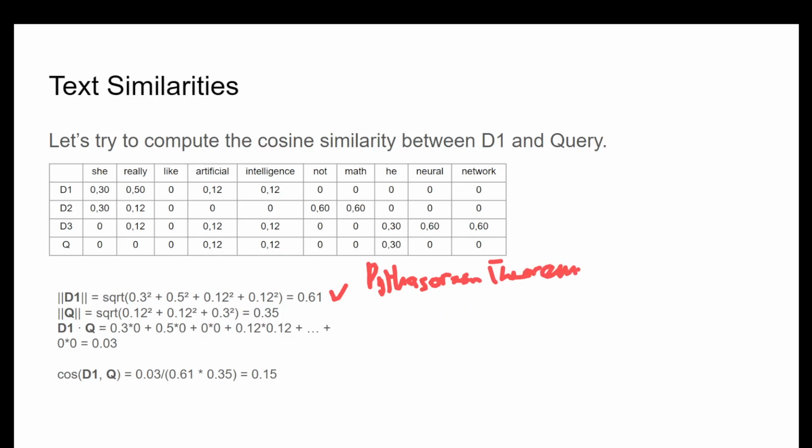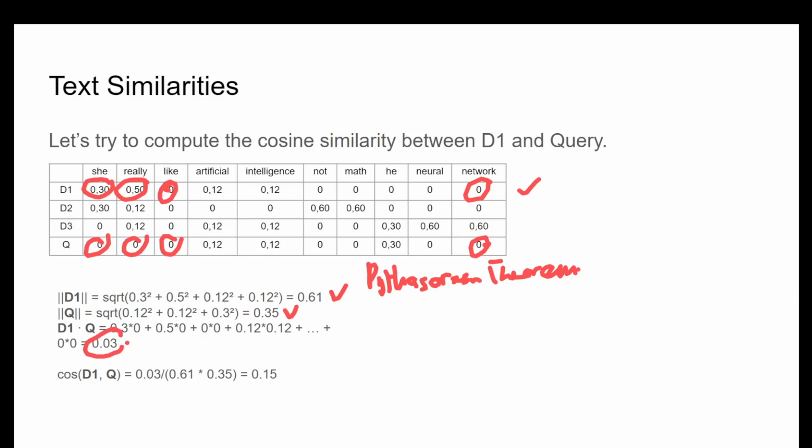You can compute 0.3 power to 2, 0.5 power to 2, sum it all and take the square root. The same as well for this query, and you can compute the dot product by multiplying this one and this one, and then you add with this one and this one, and so on until we get this one.